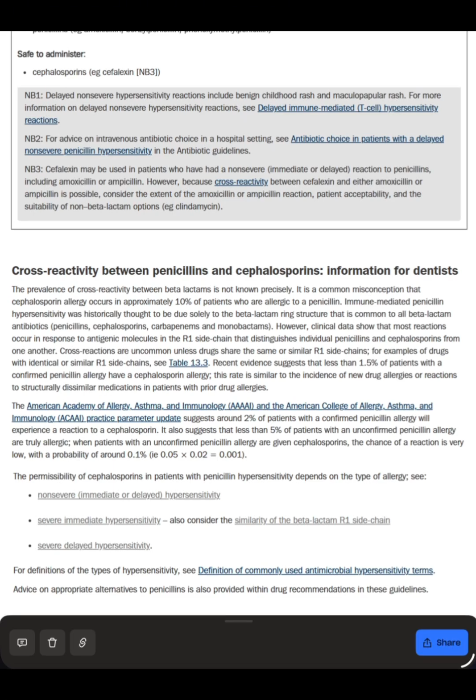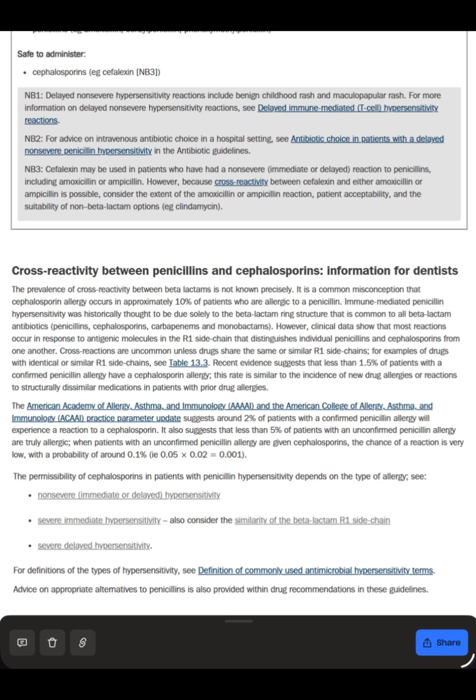Recent evidence suggests that less than 1.5% of patients with a confirmed penicillin allergy have a cephalosporin allergy. This rate is similar to the incidence of new drug allergies or reactions to structurally dissimilar medication in patients with prior drug allergies.